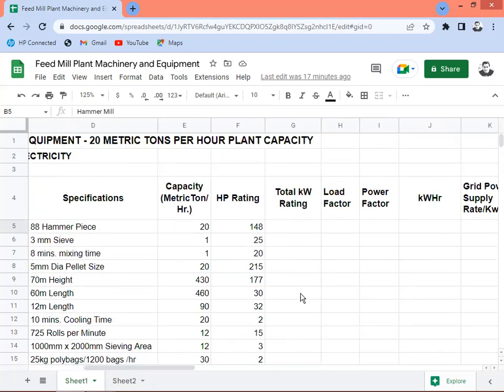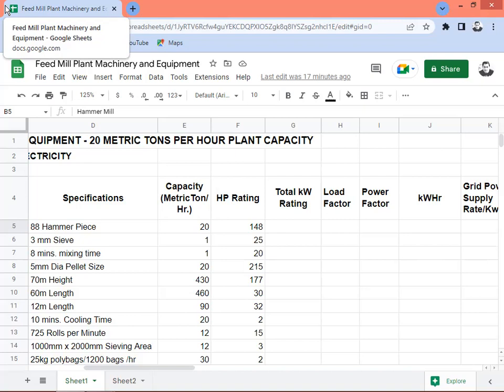Because our fuel cost will be based on the kilowatt hour, since the power producing companies, the power grid, charge the electricity consumption per kilowatt hour.